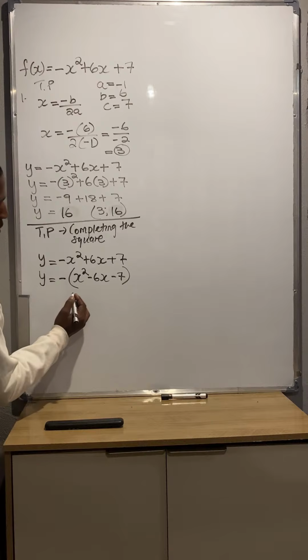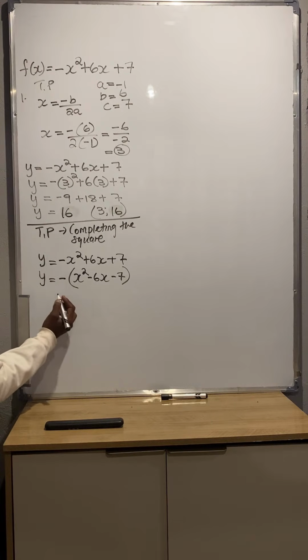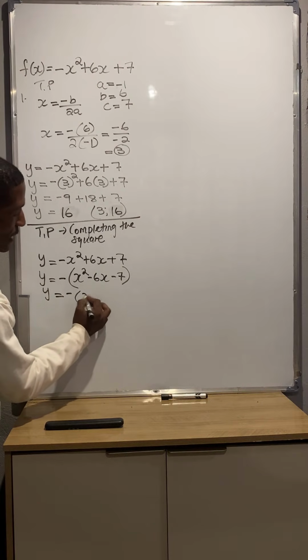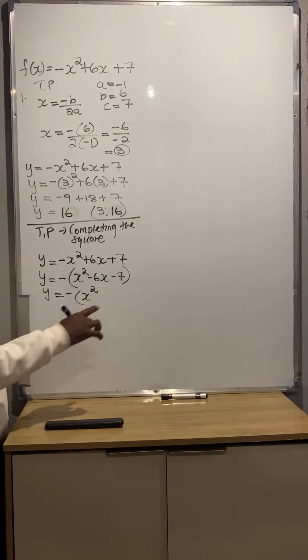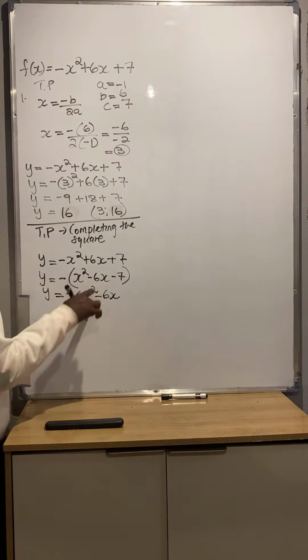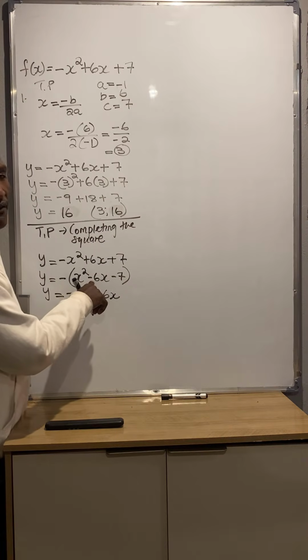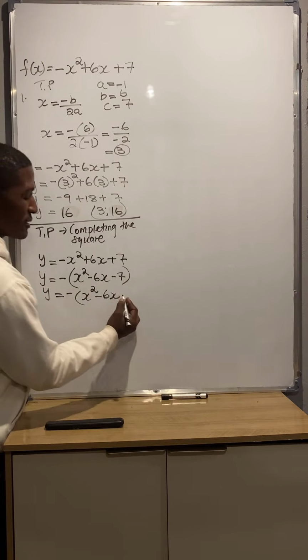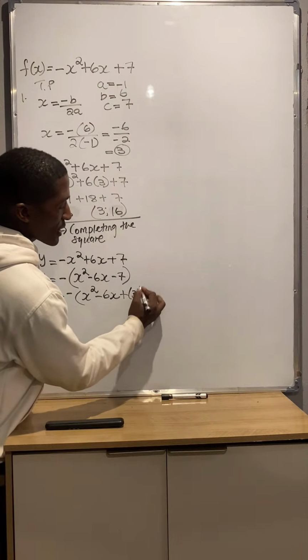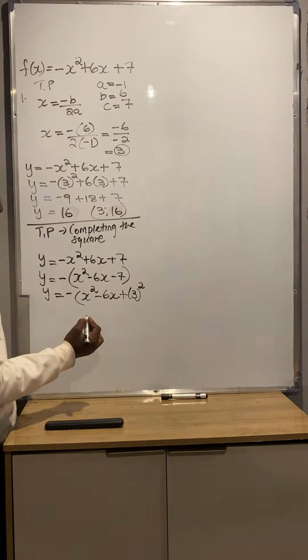We are going to say y is equal to negative open bracket x squared minus 6x. Then we take half of 6, guys. Half of 6 is 3, squared.